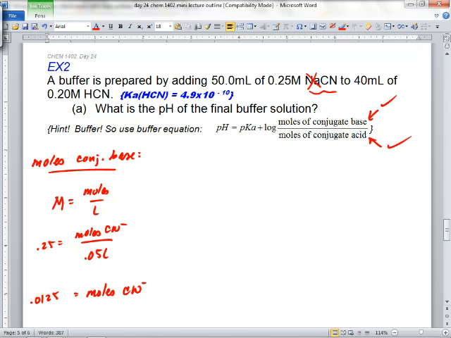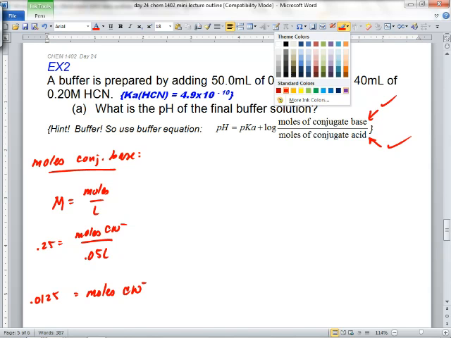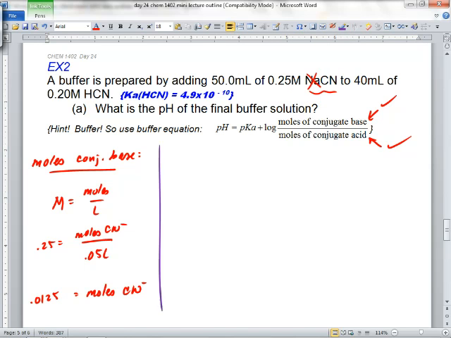Now I do the same thing for the conjugate acid. Let's see. So that one's 0.2 molar.